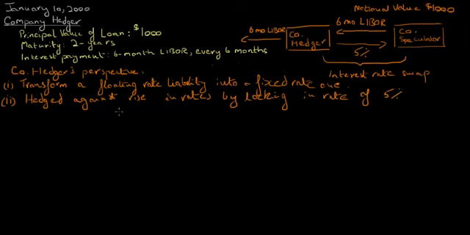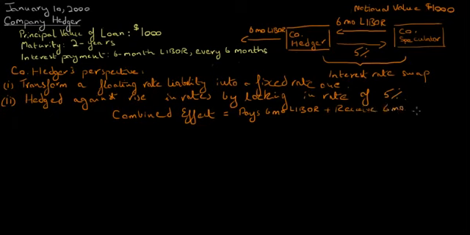So the combined effect of swap is that it pays 6-month LIBOR on the $1,000 loan outstanding, and it receives 6-month LIBOR as part of the swap agreement.